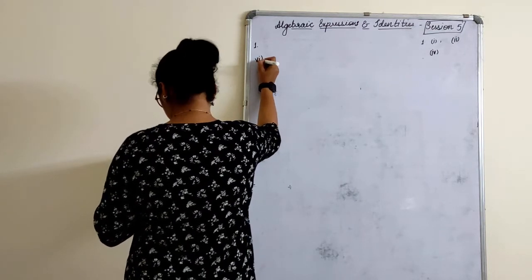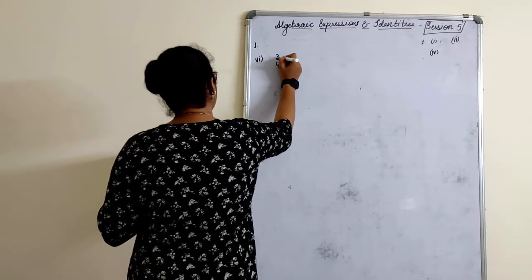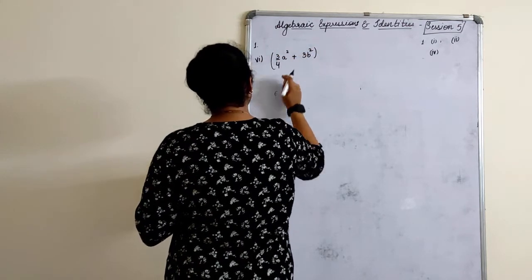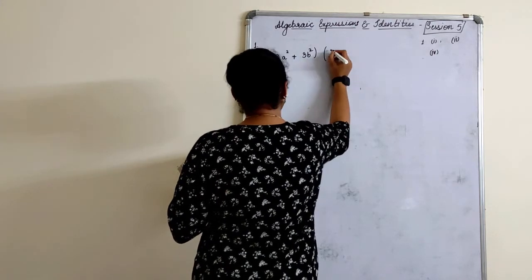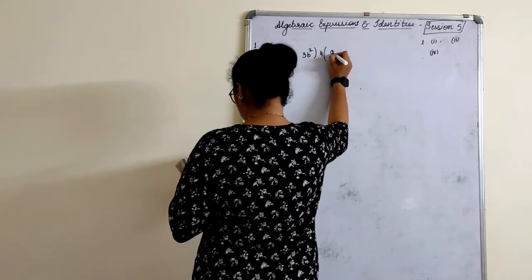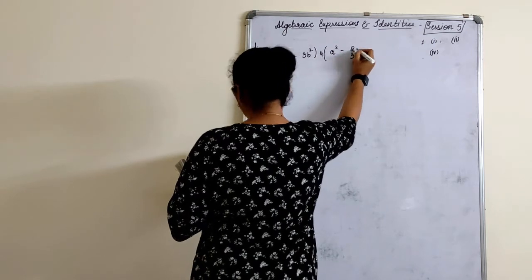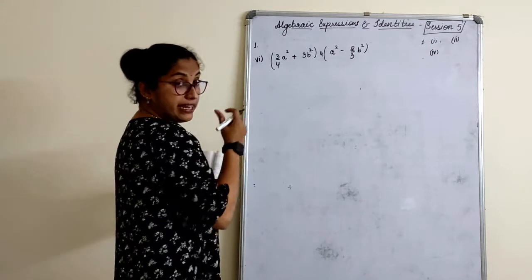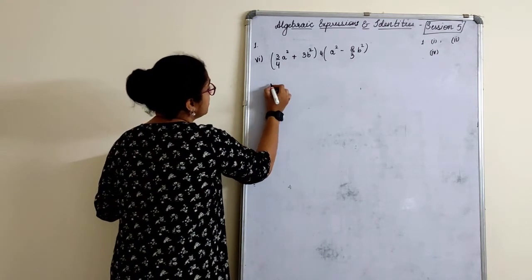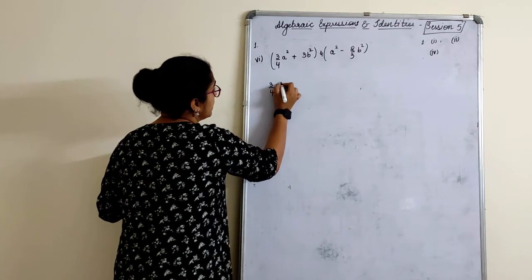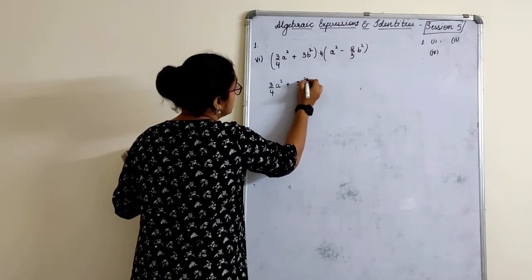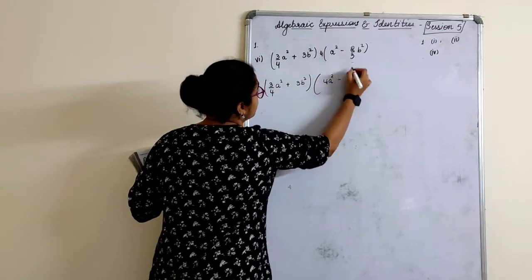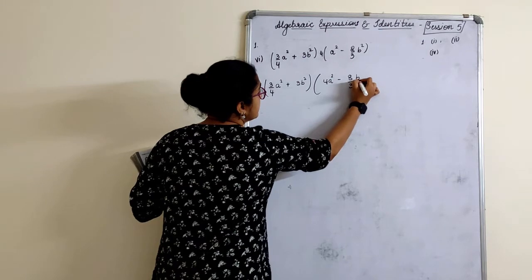Sixth one: 3 by 4 a square plus 3b square and 4a square minus 2 by 3 b square. First we'll finish multiplying that with the bracket. So this will be 3 by 4 a square plus 3b square of 4a square minus 4 2s are 8 by 3 b square.